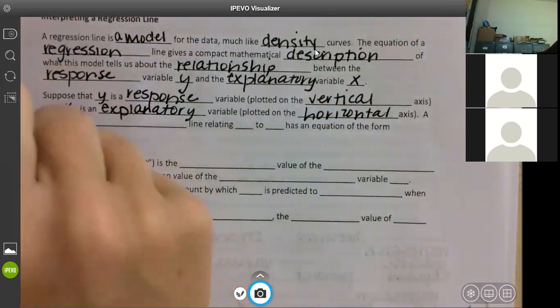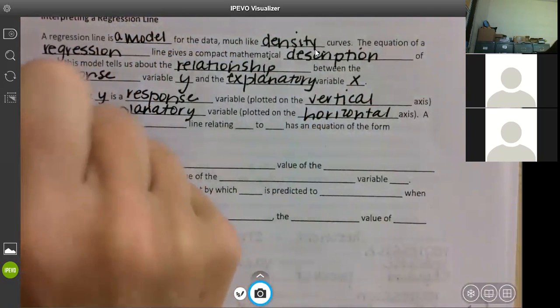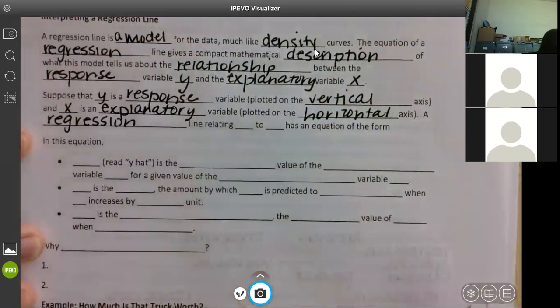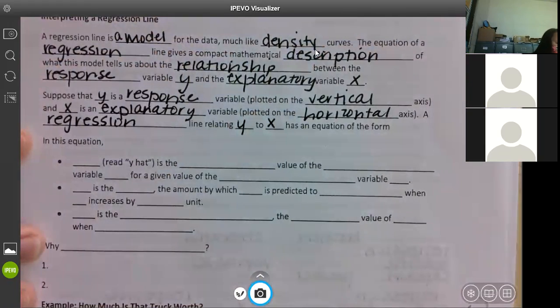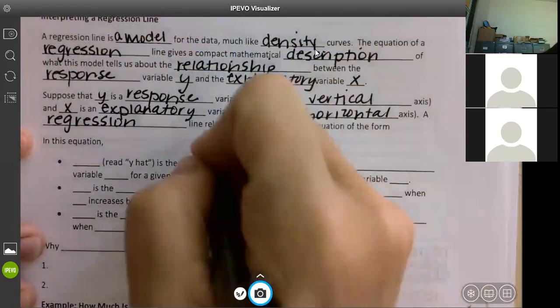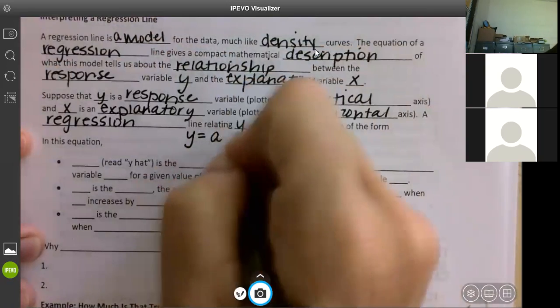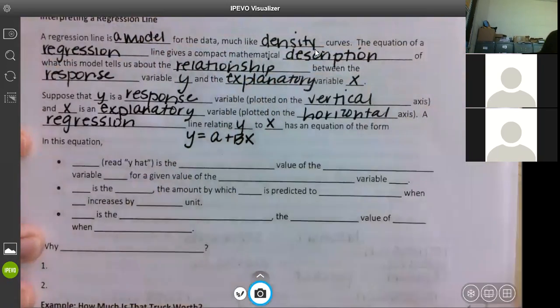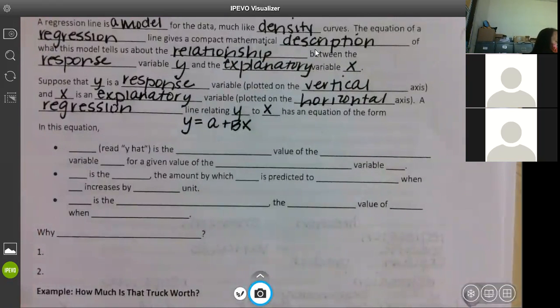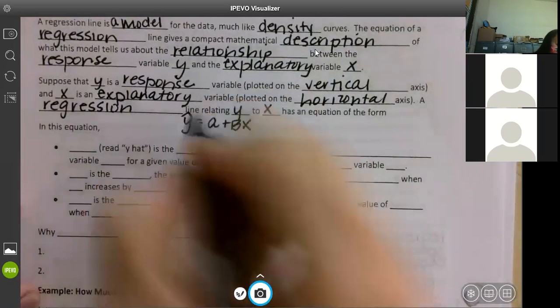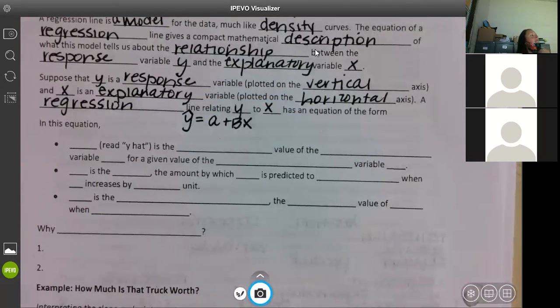A regression line relating y to x has an equation in the form y equals a plus bx. And then they put this little symbol over the y. They call this y hat. Looks like a hat, okay? That means it's a prediction.